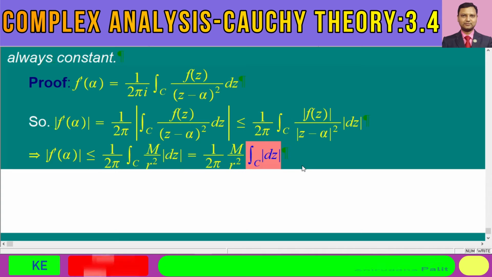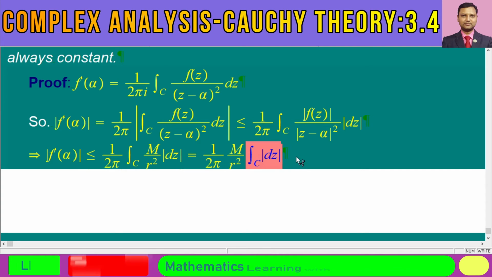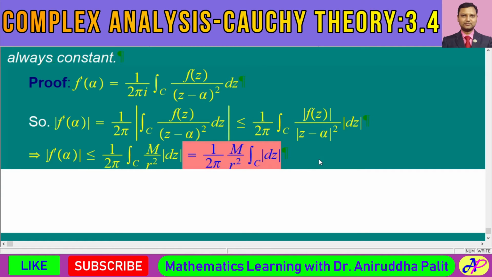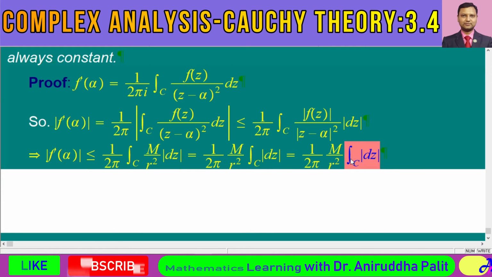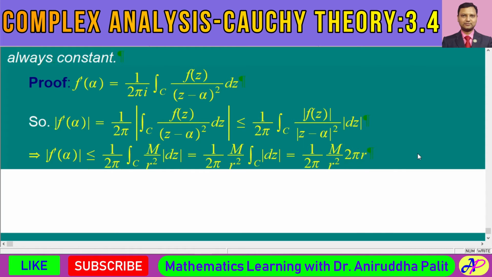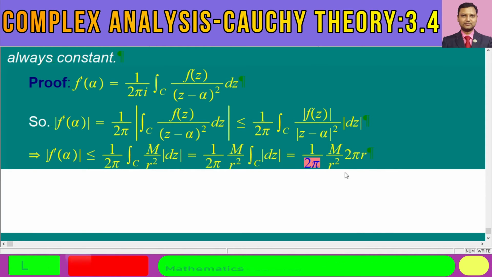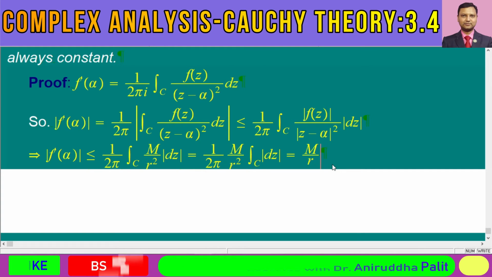Now the integral of modulus of dz is nothing but the length of the curve C, that is twice pi r, the perimeter of the circle. Then twice pi and twice pi will get cancelled, and this r and this r will get cancelled. So we have this kind of expression, M by r.